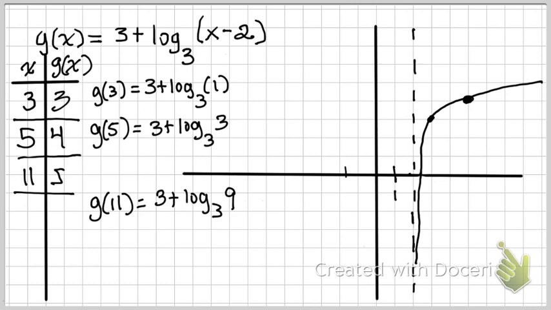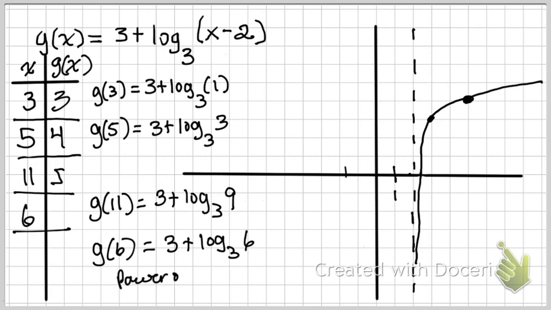How about just one more? What if I did something like 6? Just showing that this is not a convenient value. g of 6 is 3 plus log base 3 of 6. And I'd ask what power of 3 equals 6. Well, I don't know that. 3 to the first is 3, that's not enough.